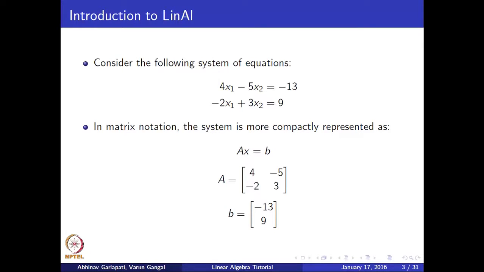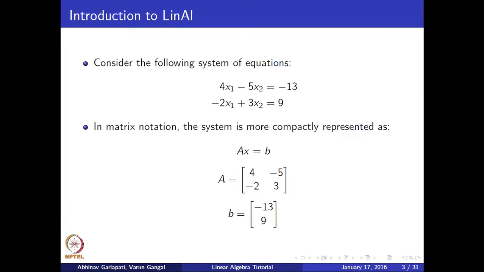To solve this in general without matrices, you would first solve for one variable and then substitute to get the other. But using matrices you can solve this directly. Just multiply both sides by A inverse, so you get x as A inverse B. Of course, the nuance you have to care about is that not all matrices have an inverse, but in most cases they do.